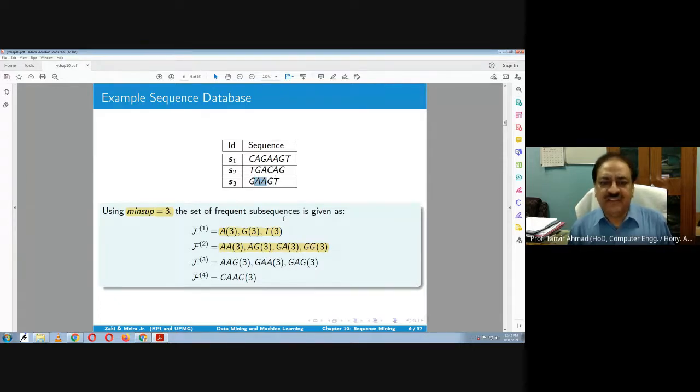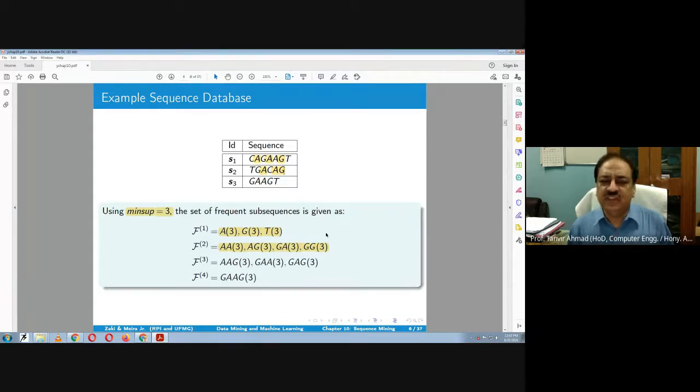If I come to sequences of size 3, I find that AAG is in all the 3 sequences. You see, AAG. You can also take this A, this A, and this G. Similarly, I can take here AAG. And therefore, all these 3 sequences contain AAG.